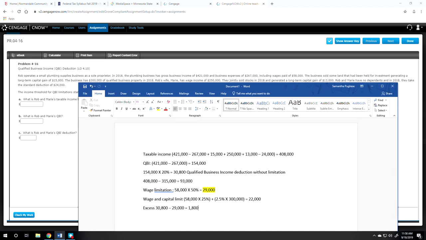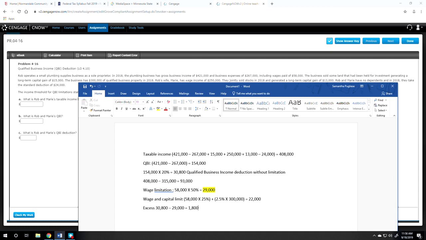So now to figure out what we're going to be able to do with this excess, because their taxable income exceeds the $315,000 by $93,000. Remember, we calculated that right here. So now what we're going to do with that $1,800 is there's going to be a phase out of the excess.